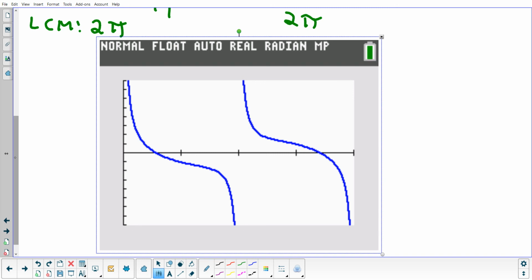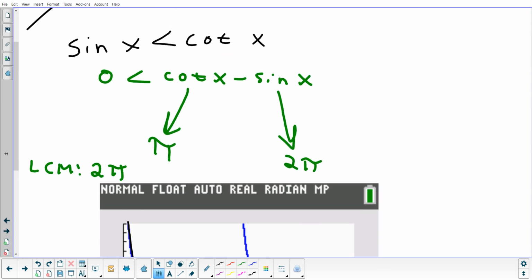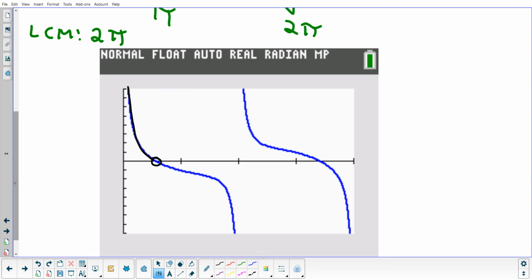Yep, Jake? 2. Here's 1. Open circle there because it ends, but it does not mean it can equal 0. It has to be greater than 0. And then again, from here over to here. All right, so this is interval 1, this is interval 2.